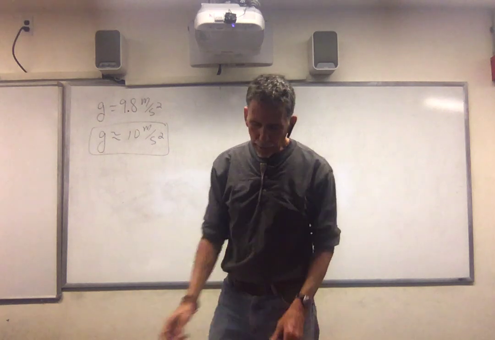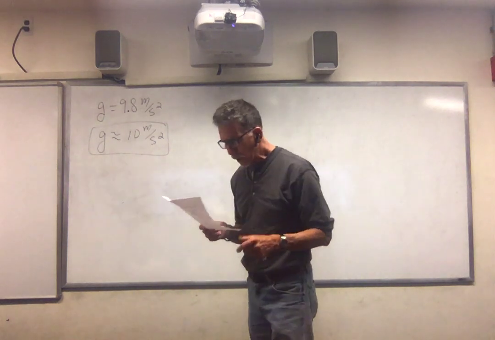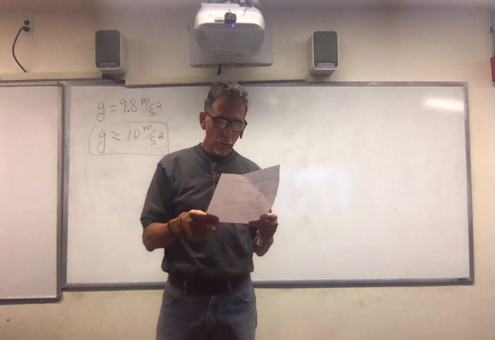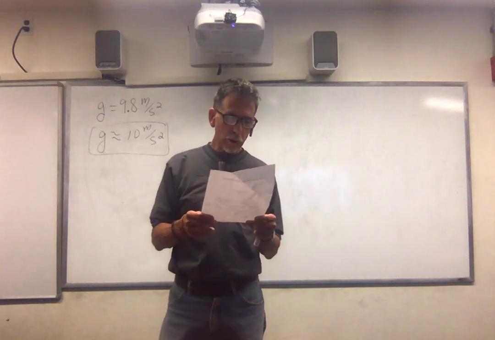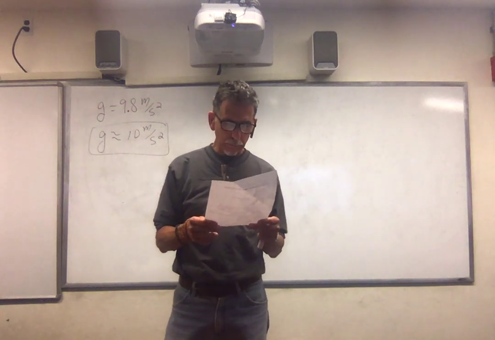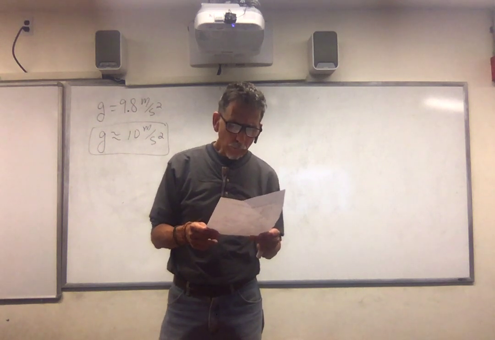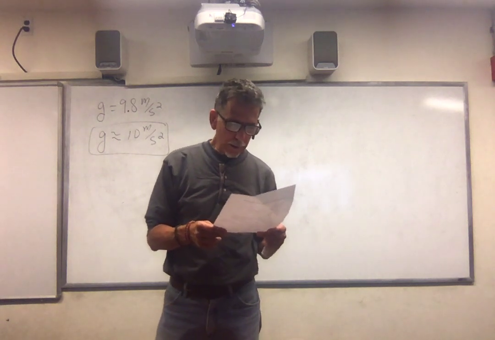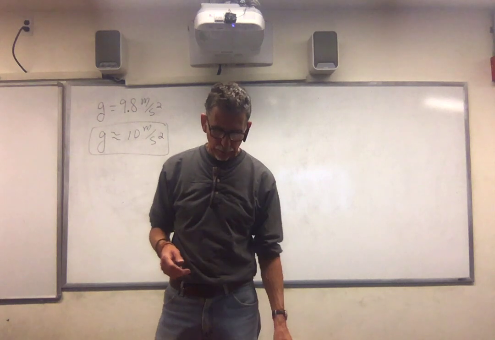Okay, so the next problem I gave was consider an object that is thrown straight downward from the top of a building at an initial speed of 40 meters per second. Okay? The question is, how far is the object falling after 2 seconds, 4 seconds, 6 seconds?